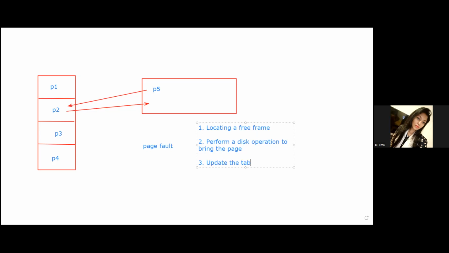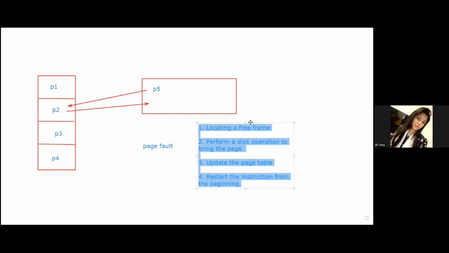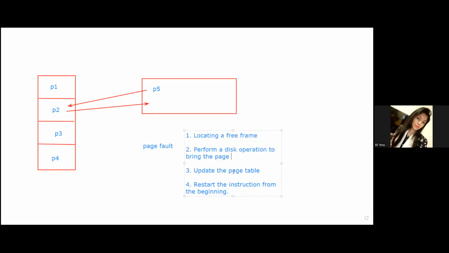The page table is something we maintain to check which pages are currently available and which are not. The fourth step is to restart the instruction which caused the page fault from the beginning. These are the four steps when we are considering a page fault.